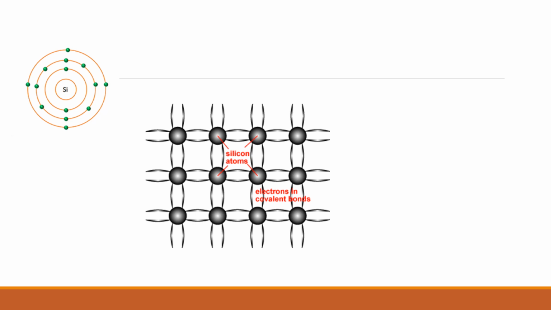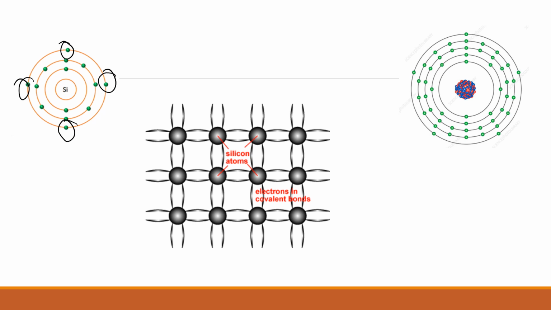Okay, now let's see. Silicon has 4 electrons at the outermost shell. So when you look at your periodic table, you will see that it is in the 4th column, which I have showed you. If we have something with 1, 2, 3, 4, 5 electrons, and we have an impurity here, what is happening is 4 electrons can have bonds with 4 electrons of silicon, but there is an additional electron.